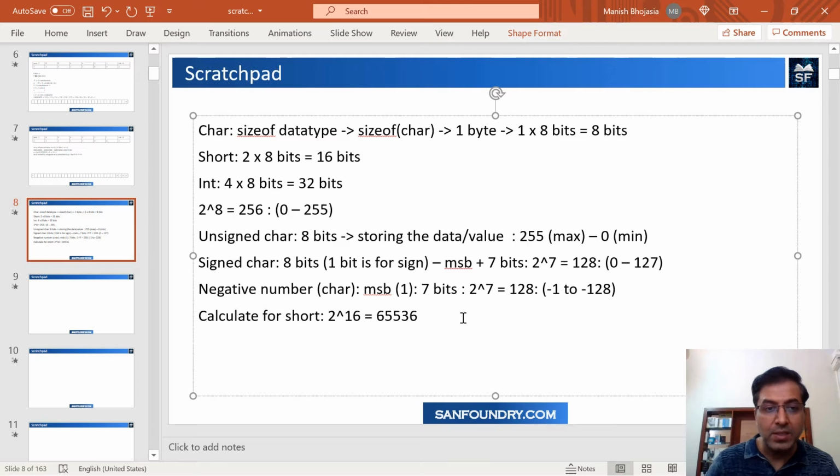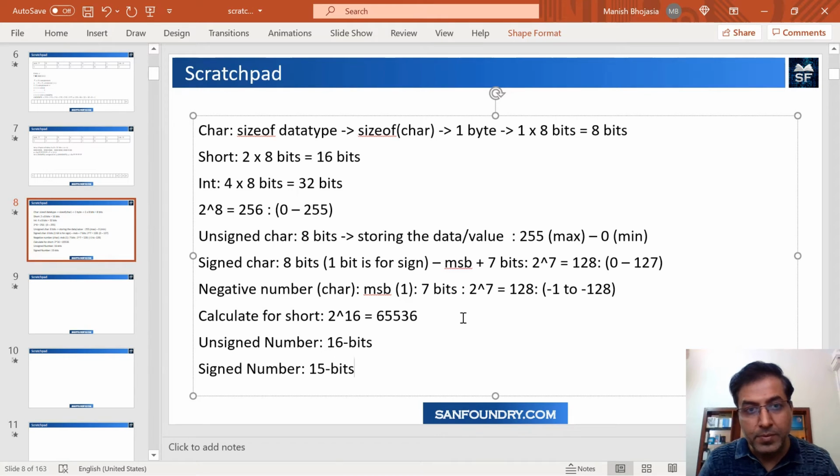Let's start with the easier one. When you talk about unsigned numbers, we utilize all the bits, so all 16 bits are utilized. When you have a signed number, you use 15 bits to store the data. Now we'll arrive at one formula to calculate.